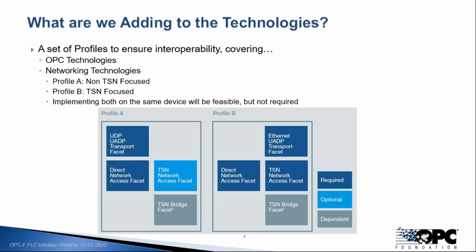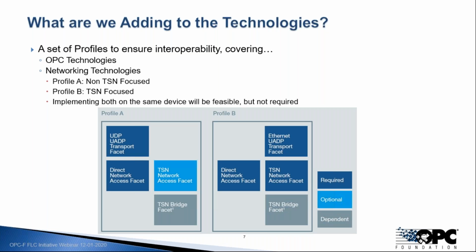A vendor may choose to implement only Profile A if they're trying to utilize existing hardware platforms that don't have the built-in capabilities in silicon on the device necessary to do TSN technologies, and they may be more interested in addressing applications where TSN capabilities aren't needed.